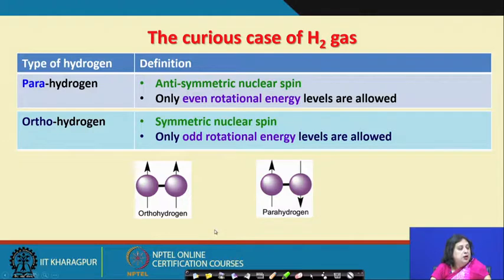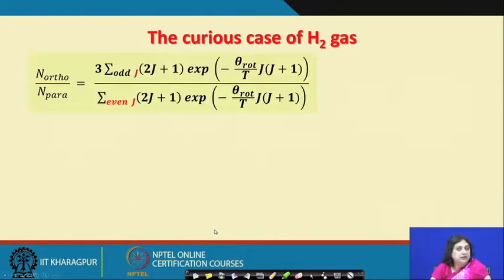Accordingly, we can just go back and use the Q rot to find out the average number of ortho and para hydrogen molecules at a given temperature T. As you see, this ratio is going to be dependent on at what temperature we are making the measurement.